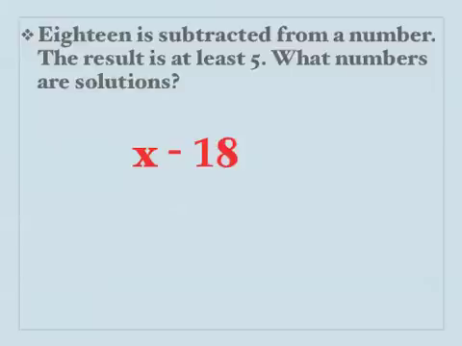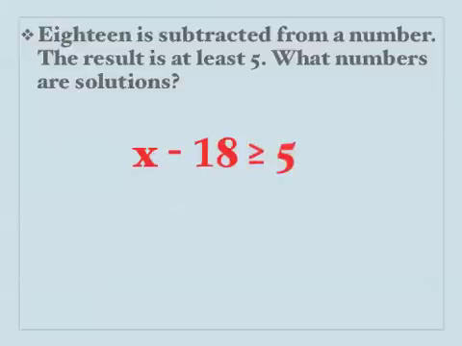Go back to your original problem. 18 is subtracted from a number, we have that. The result is at least 5, which means that x minus 18 has to be at least 5. If you think back to yesterday's lesson, at least means x minus 18 has to be greater than or equal to 5.